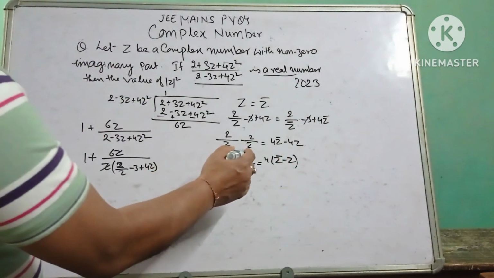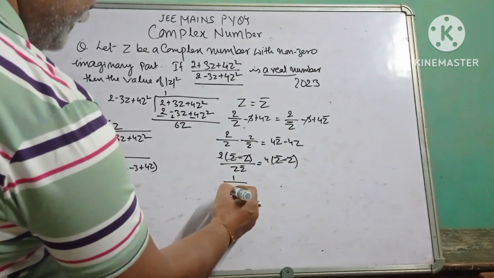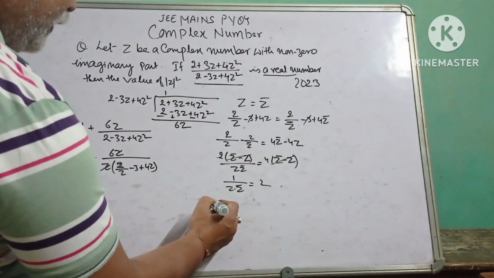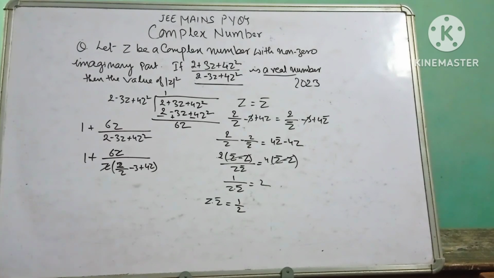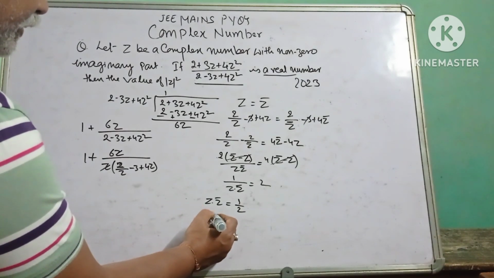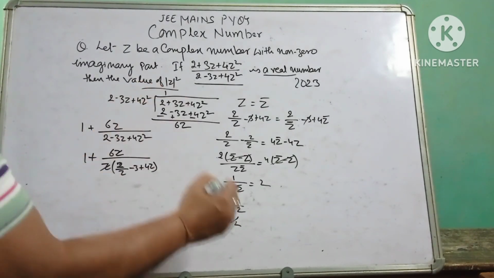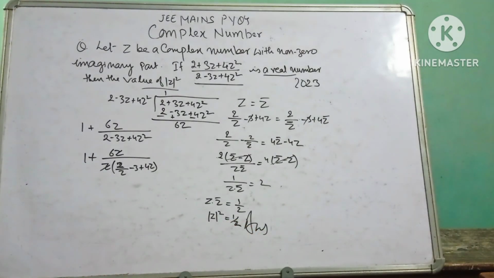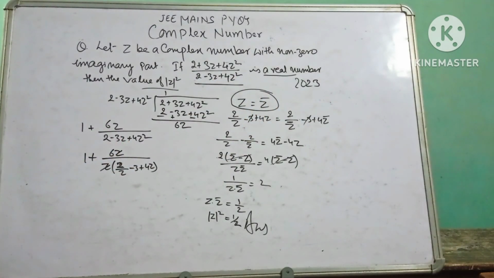So here you see this and this cancel out. So 1 by z into z bar is equal to 2. So z into z bar is equal to 1 by 2, and you know that z into z bar is modulus z the whole square, 1 by 2. This is your answer, 1 by 2. So this is a simple question. The only concept is that when it is real, z is equal to z bar.